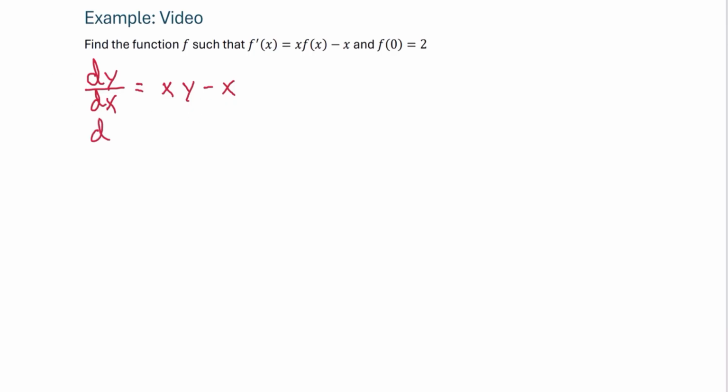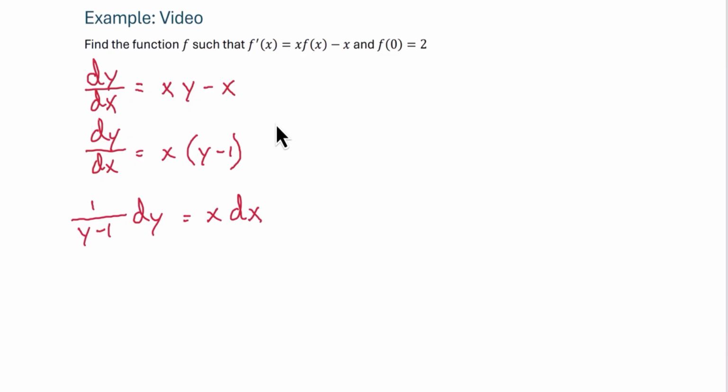So dy dx we'll just copy, and let's factor out an x. That way we can separate those two functions, x and y. At this point, we can divide by y minus 1. We'll do that on both sides, and we'll also multiply by dx on both sides.